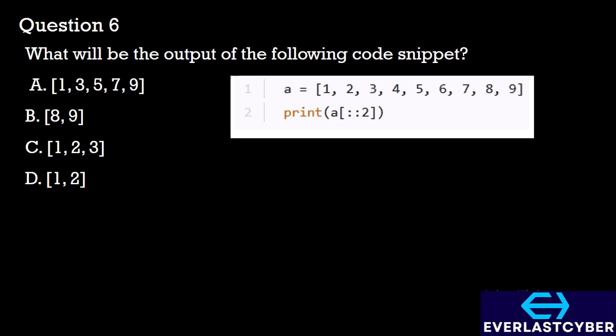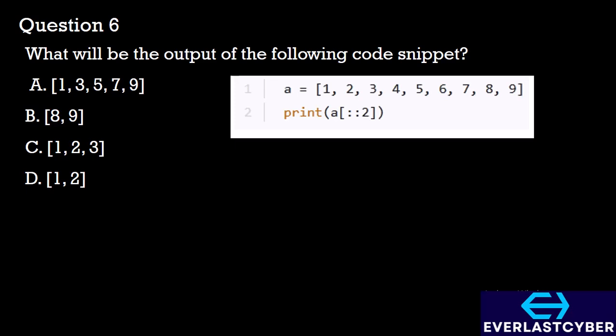So when we use this list slicing, we can say it's start, stop, step. Start is not specified, so it defaults to 0, meaning that it starts from the beginning. Stop is also not specified, so it goes to the end of the list, while step means it selects every second element from the list.